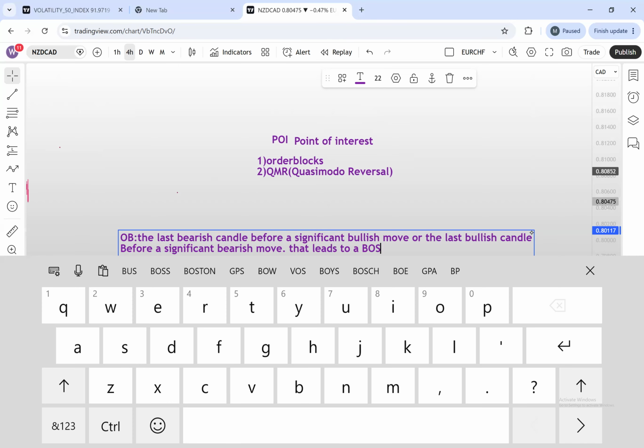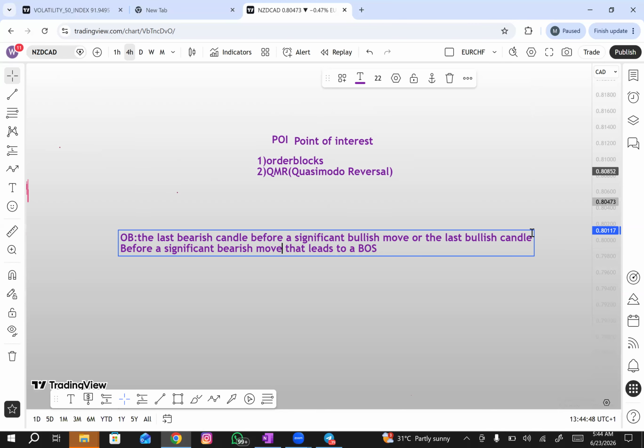If you just say the last bearish or bullish candle before a significant bullish or bearish move and stop there, it may not justify an effective order block. So the proper way to say it is the last bearish candle before a significant bullish move, or the last bullish candle before a significant bearish move that leads to a break of structure. All right, that is an order block.